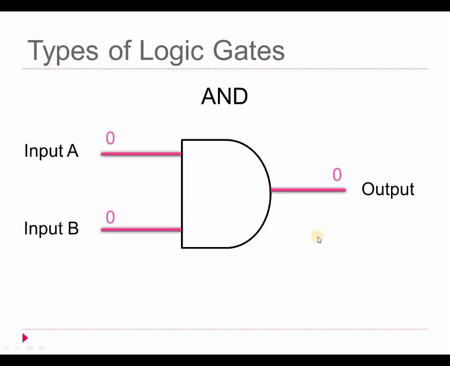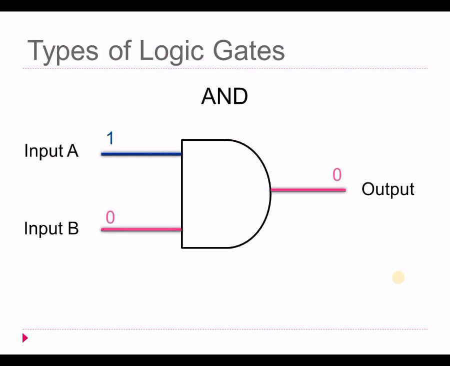Or in other words, if two 0s go in, a 0 comes out. And if we apply a voltage at input B but no voltage at input A, then there's no voltage at the output. Or in other words, 0 and 1 going in will produce a 0 coming out.